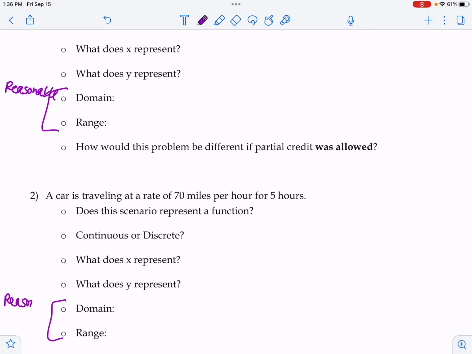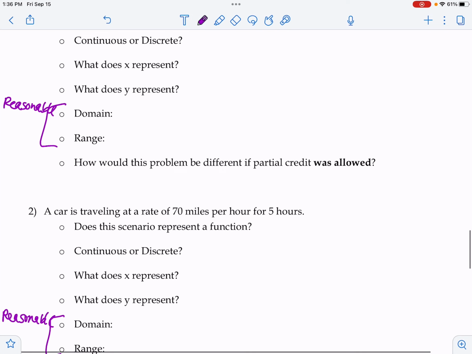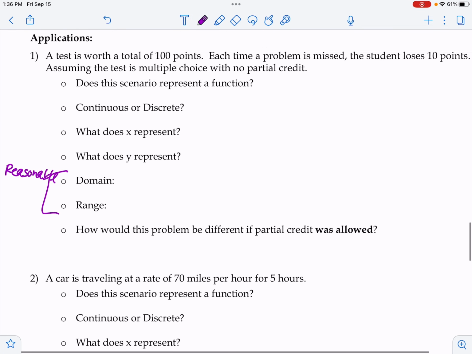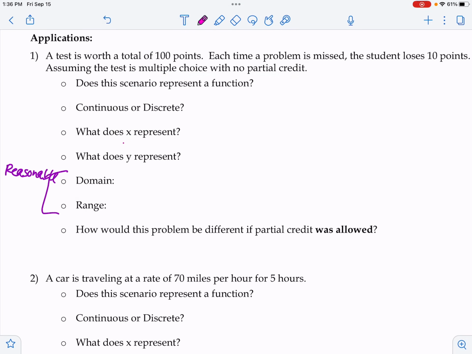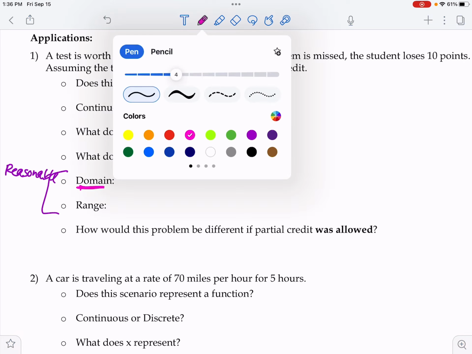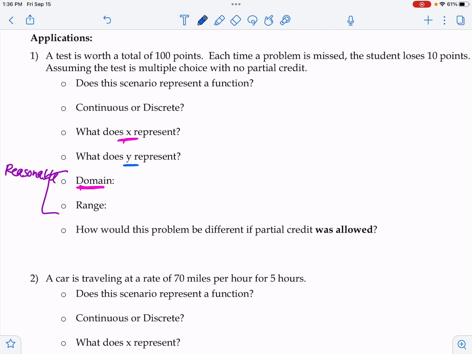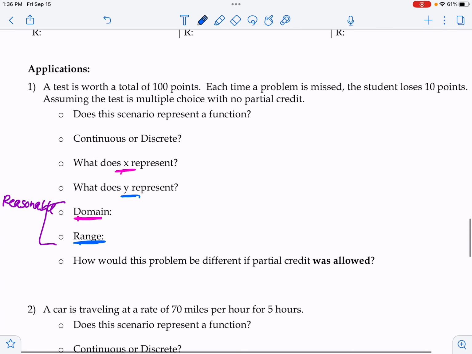Because anytime you're dealing with real life, some numbers aren't going to make sense. And so that's why they say reasonable. And so in order to figure out a reasonable domain, you have to know what x represents, so you can figure out what the reasonable domain would be. And then you have to figure out what y represents to know a reasonable range. And so that's the hardest part.